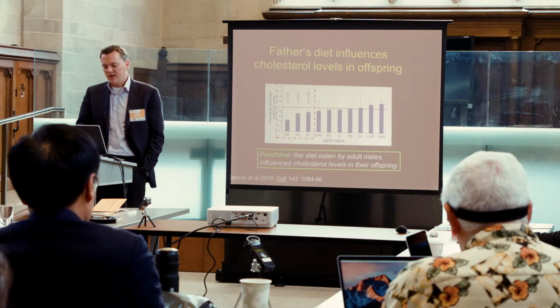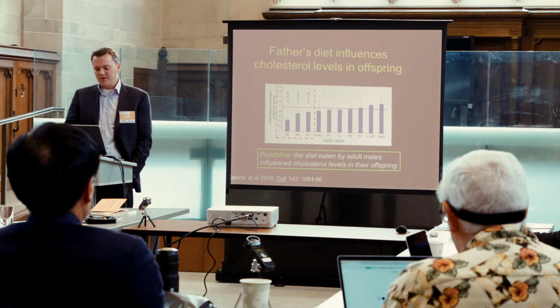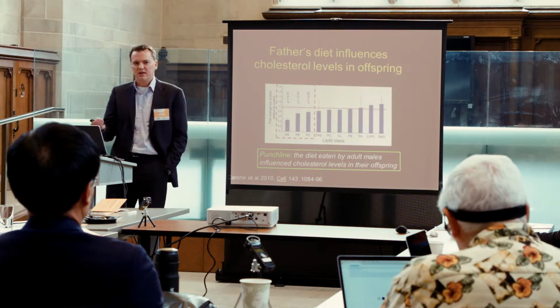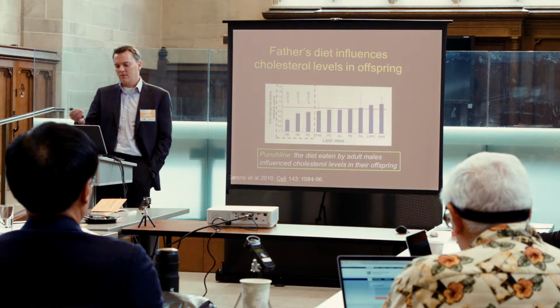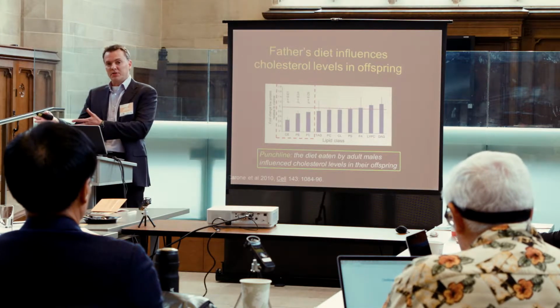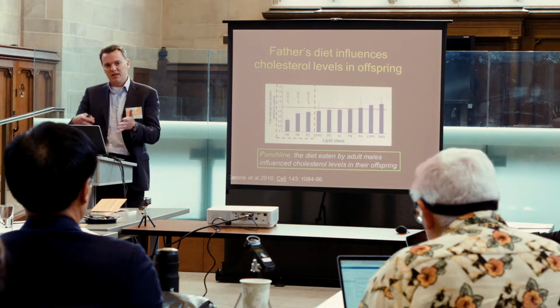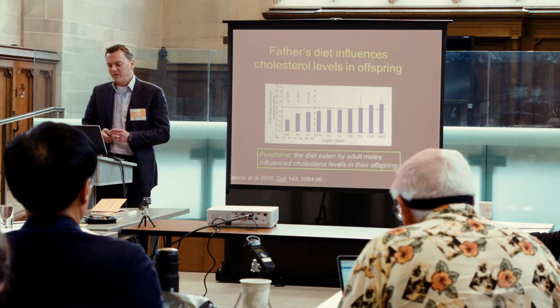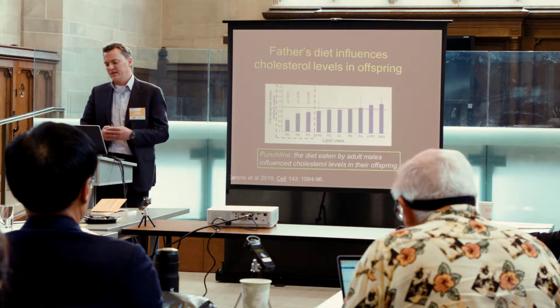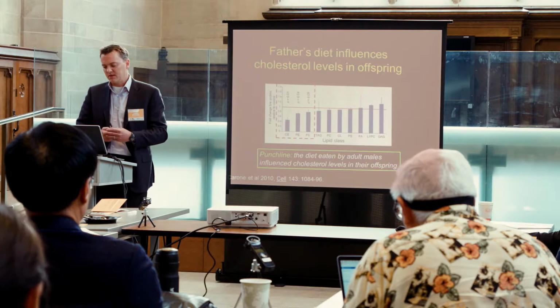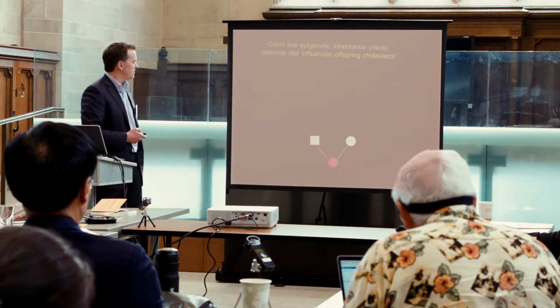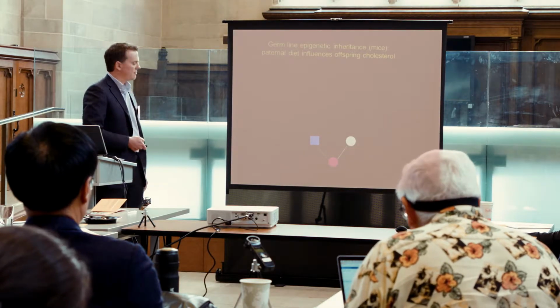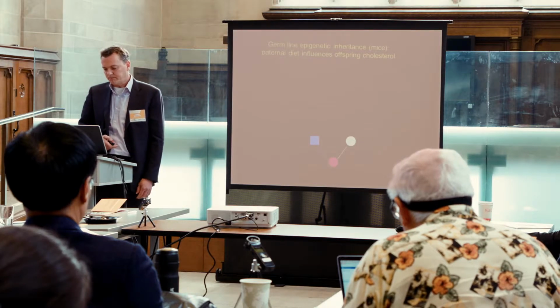And the punchline here is that the diet eaten by adult males influenced the cholesterol levels in the livers of their offspring, right? So much like Barker was showing with maternal experiences, now we're seeing that there's potential pathways for paternal, the father's diet, the father's experiences to impact the next generation. So that little dot here, that reflects that effect.